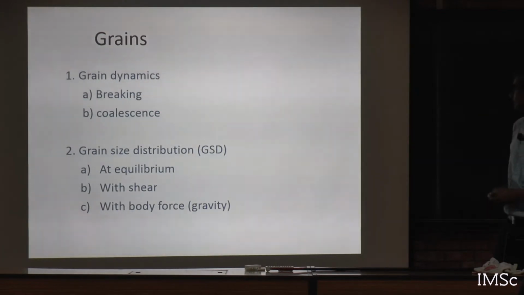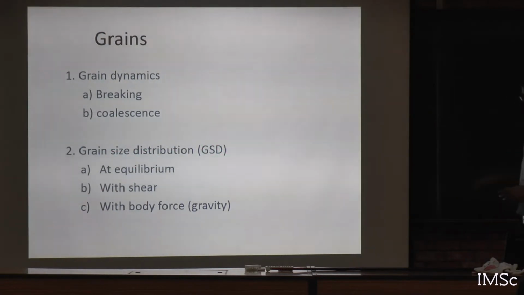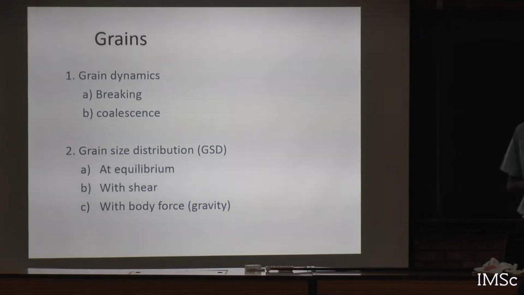I will show you all that, and then we will go for the grain size distribution function, first at equilibrium, because at equilibrium it is known that the grain size distribution function follows log normal statistics. Then we will see how things change with shear. This other part I am not going to take up in this talk, it will be part of the next talk. So this is the broad outline.